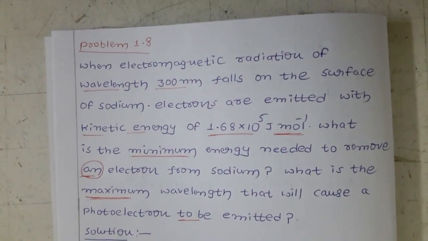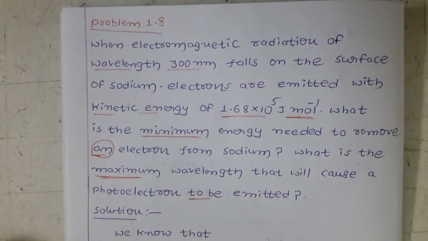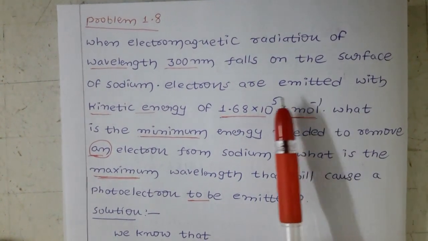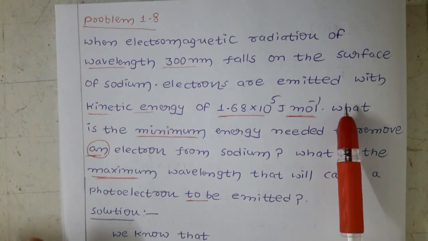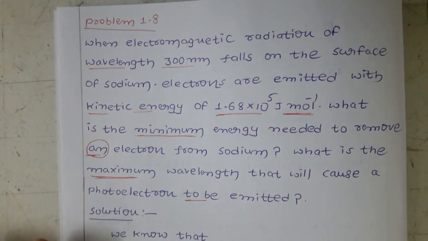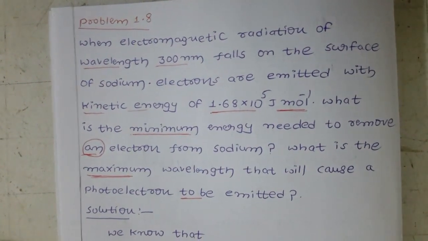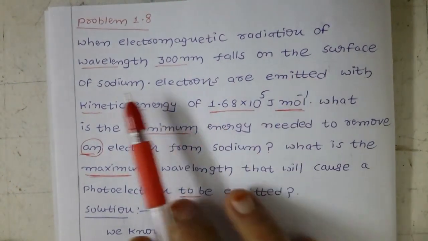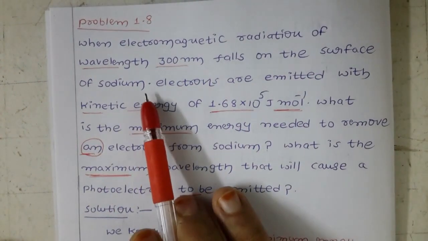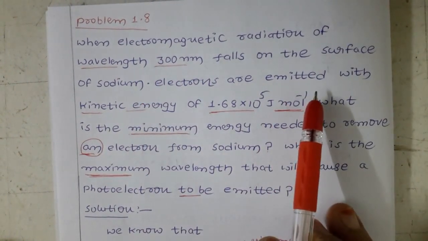Okay, this is a problem from the photoelectric effect. Because already we have some sodium metal, where you are going to emit some radiation, and the electrons are coming out with some kinetic energy. When electromagnetic radiation of wavelength 300 nanometers falls on the surface of sodium, electrons are emitted with kinetic energy.